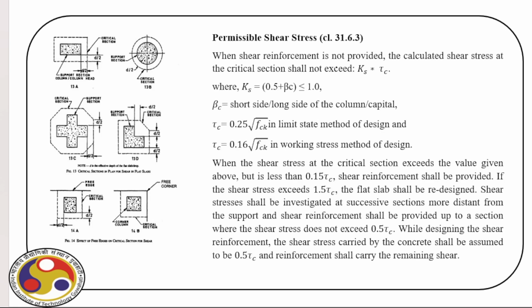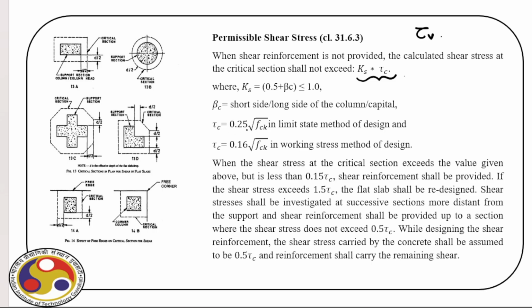Then comes permissible shear stress. Recall, earlier also we did the same thing. We evaluated tau V and then the permissible shear stress, and then we checked whether our design satisfies or not. So when shear reinforcement is not provided, the calculated shear stress at a critical section should not exceed Ks times tau C. So what is Ks? Ks is 0.5 plus beta C, which should be less than or equal to 1, where beta C is the short side by long side of the column.